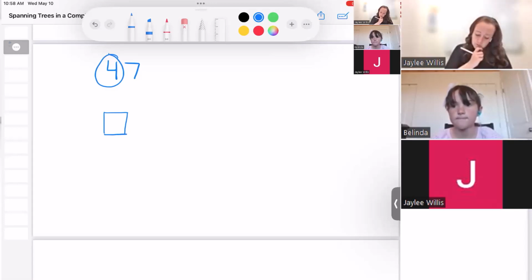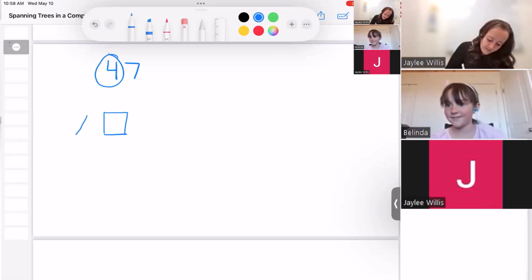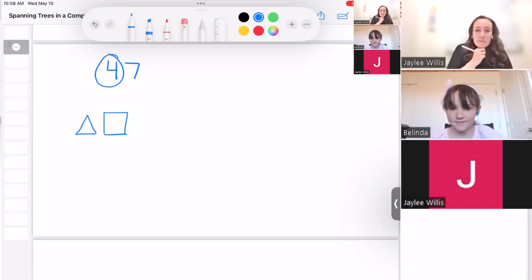So what kind of symbol do you think we should use to represent the number 3? Like if the alien has 3 sheep. A triangle. Okay, we could have a triangle. What symbol should we use for the number 2? That's a tough one.